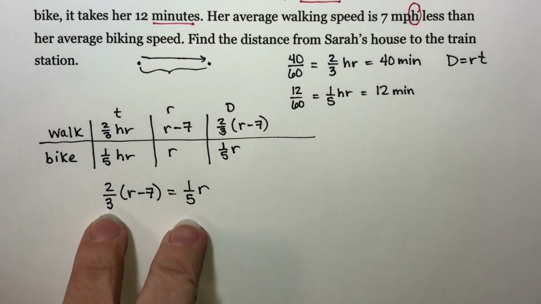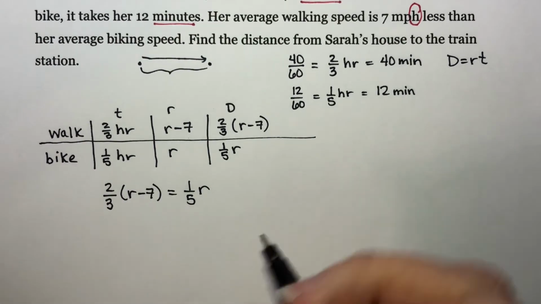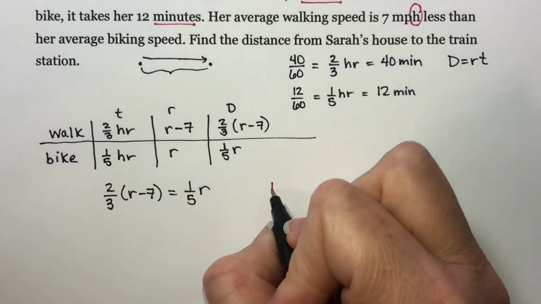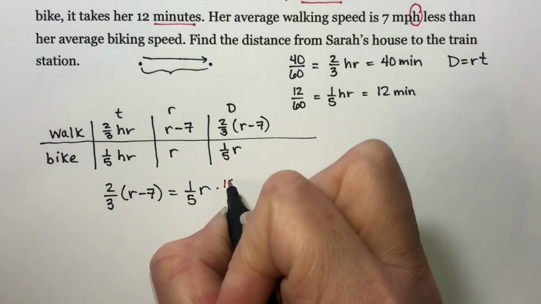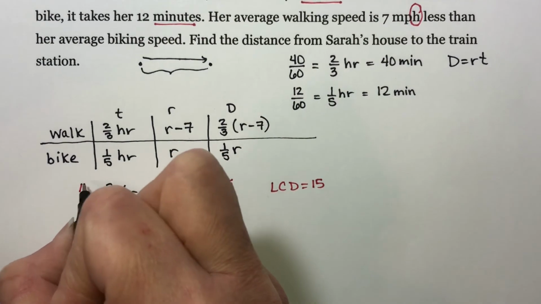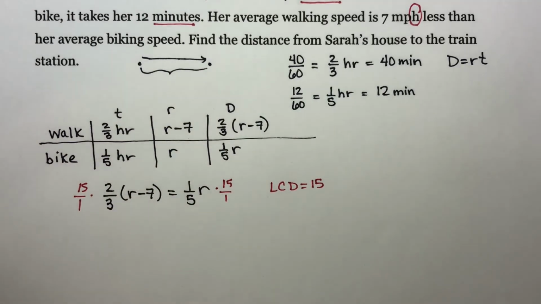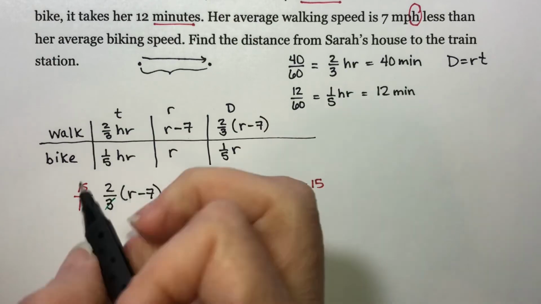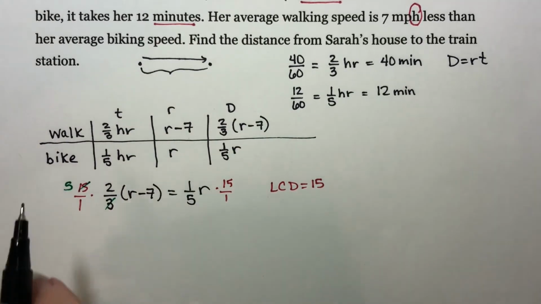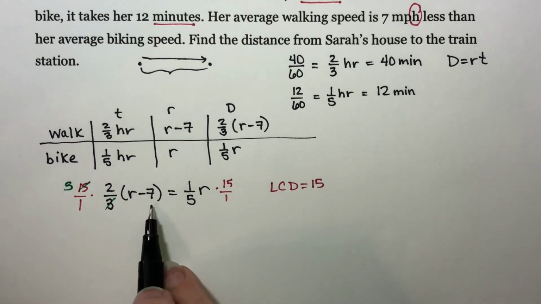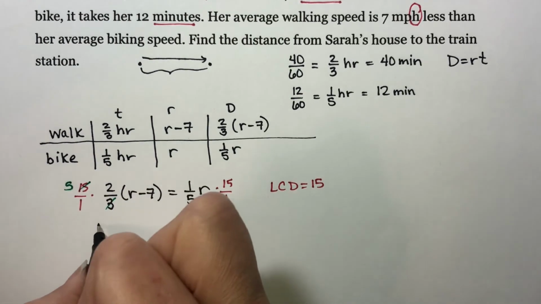So I have fractions. My least common denominator is 15. So I'm going to multiply both sides by 15 over 1. Now what happens is the 3 and the 15 reduce to a 5. So I have 5 times 2 times R minus 7. 5 times 2 is 10.